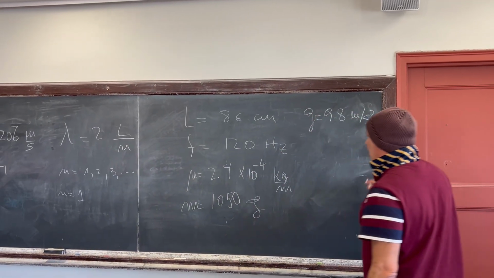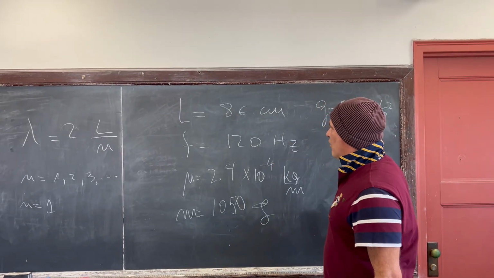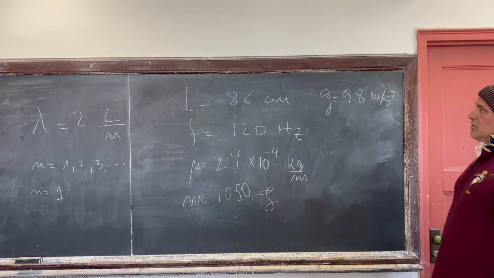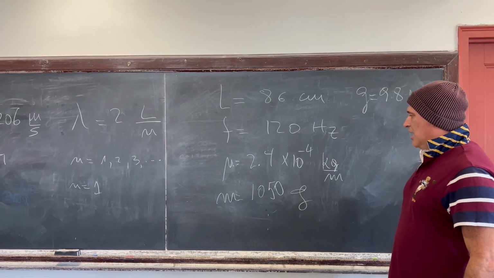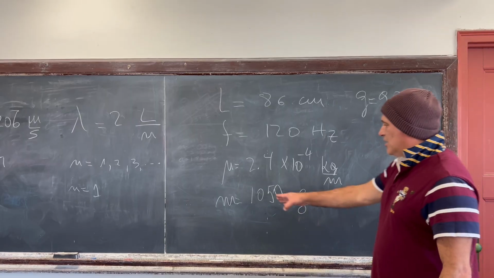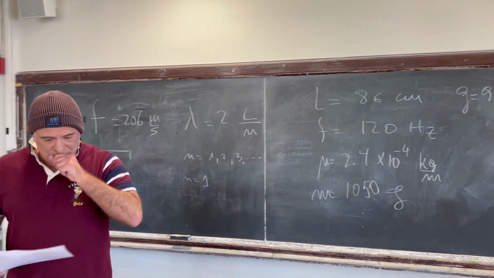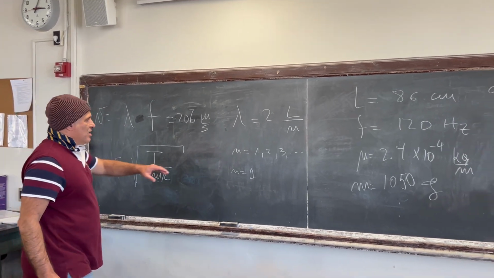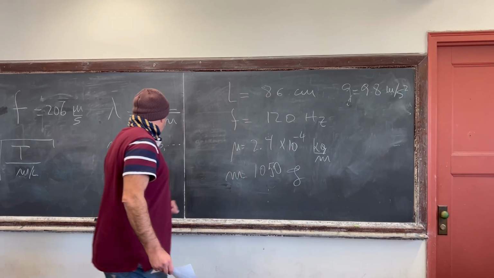And so we have to be careful here with the units. So the length of 86 centimeters is also equal to 0.86 meters, and 1,050 grams is 1.05 kilograms. So putting all this together, we multiply m times g in the correct units.